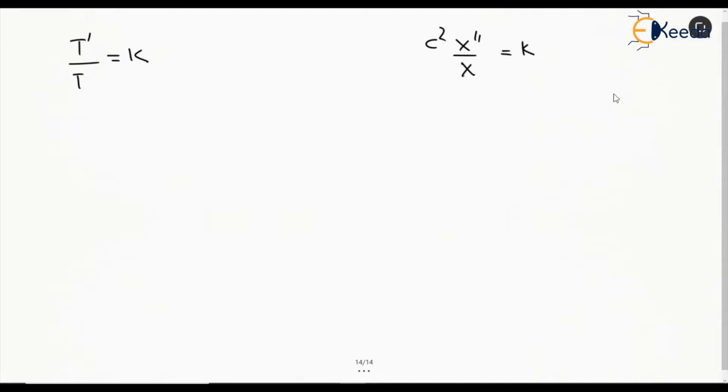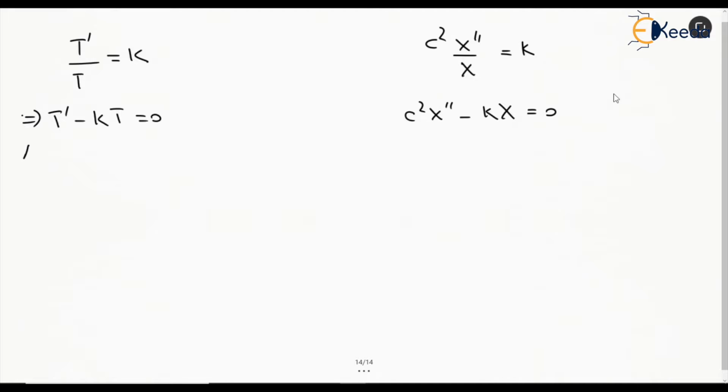Now this can be written as T' - kT = 0, and this can be written as c² X'' - kX = 0.